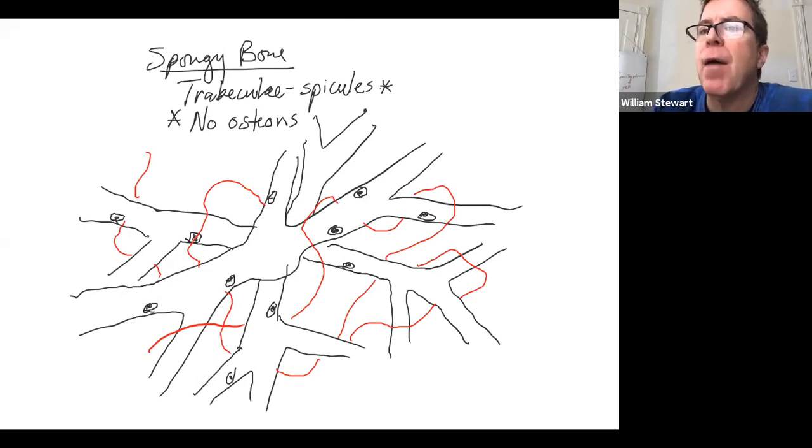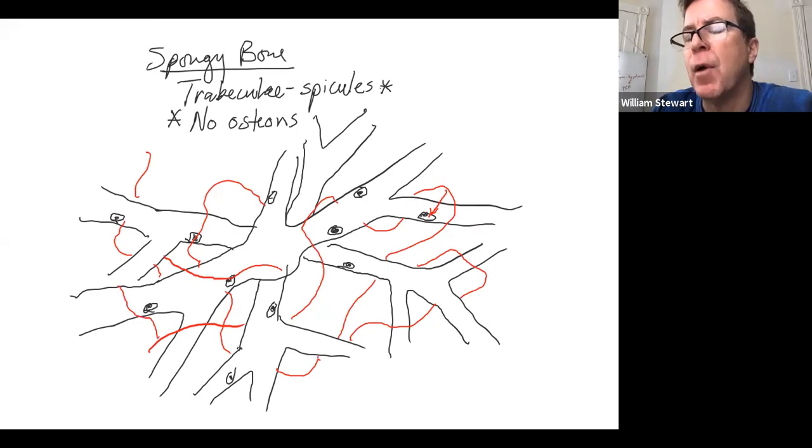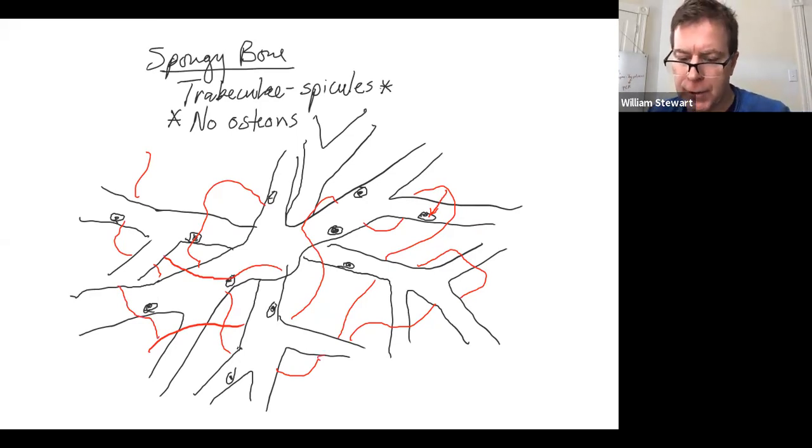This capillary network brings nutrition to these osteocytes in their lacunae. And they're so close to the surface. In other words, these vessels are in such close proximity to these cells that direct exchange can occur between the blood and these bone cells in spongy bone.